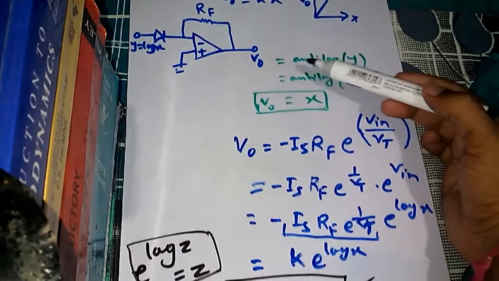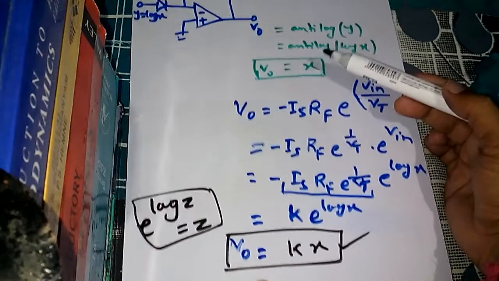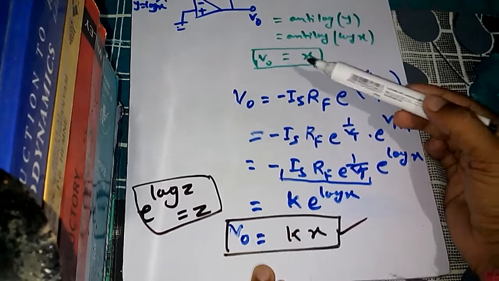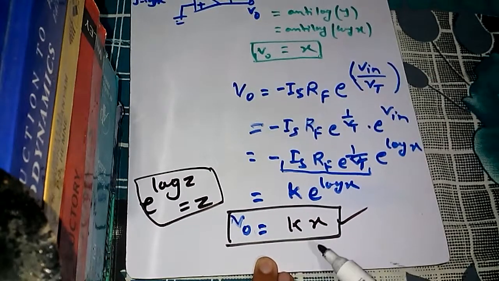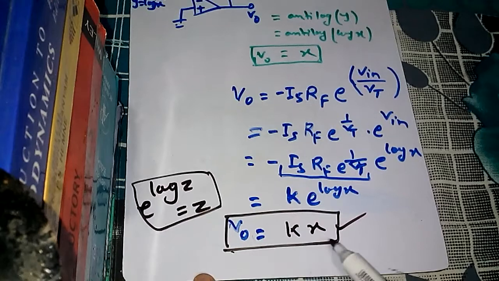Since we have not written the scaling factor in the standard equation, we had not found any k, but here we have arrived at this situation. So this was the linear relationship between x and V naught.